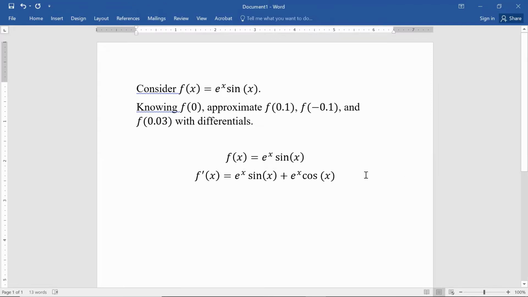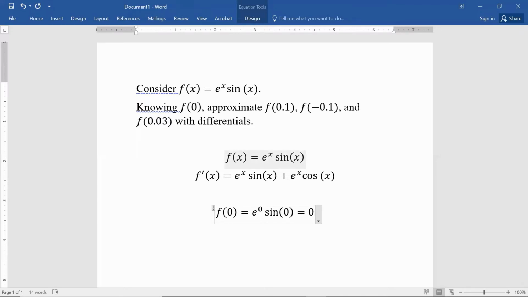If we plug in 0 into each thing, f of 0 becomes e to the 0 multiplied times sine of 0. You can plug that in to your calculator, but it's going to come down to the fact that sine of 0 is 0. Therefore, f of 0 is 0.